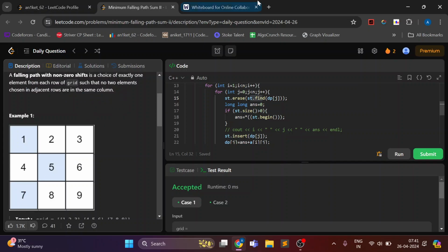So for a unique recursive call, if I had done this using recursive DP, what would my state be? It would be the current row and the previous row's column index which I have used. So that would be my unique recursive call.